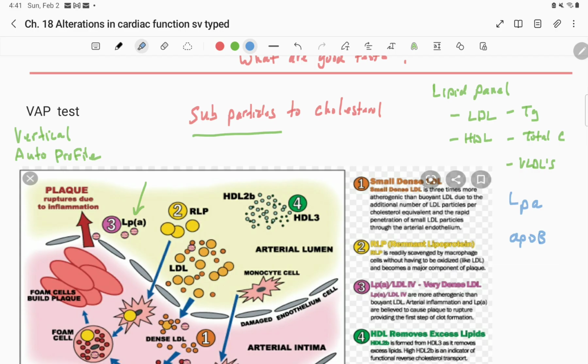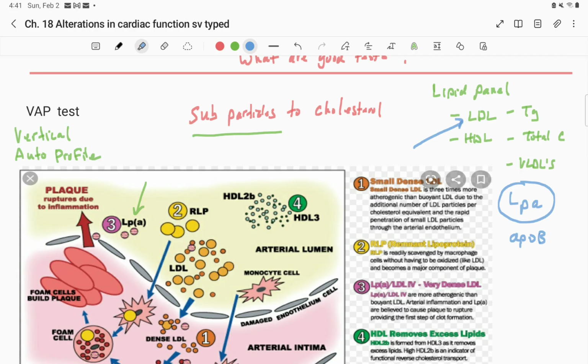These are, especially this one, the LPA is 10 times more atherogenic than the LDLs that get the bad press of the bad cholesterol.